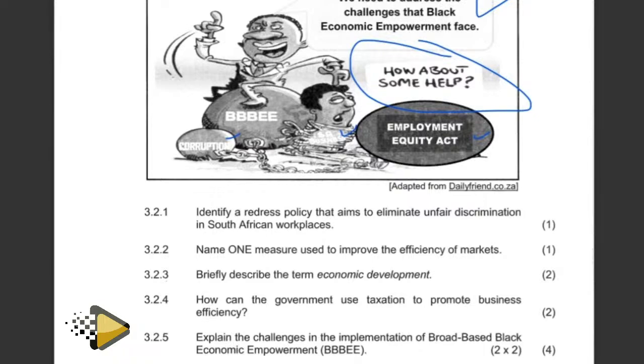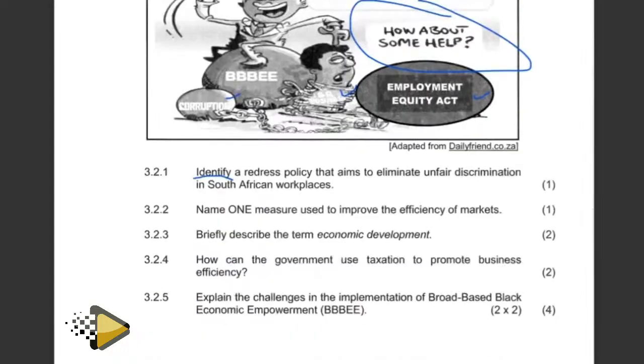Okay, right. So now, checking the question in line with 3.2.1, it reads as follows. Identify the redress policy that aims to eliminate unfair discrimination in the South African workplace.